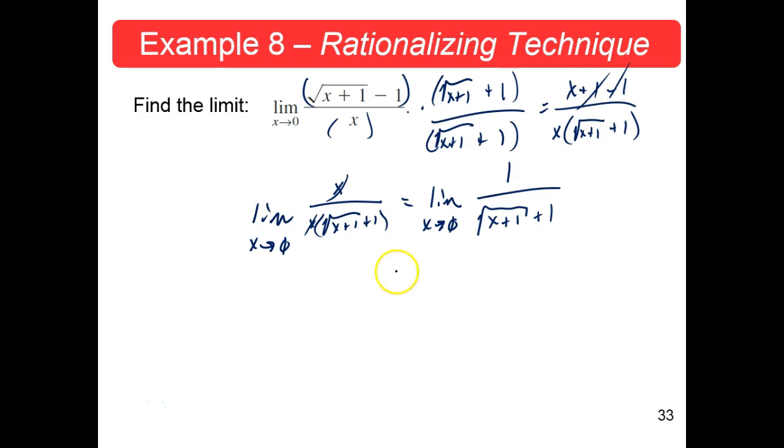And what does that give us? Numerator is? Pretty obvious, isn't it? One. Okay, and the denominator is square root of 1, which is 1, plus 1 is 2. So 1/2 is your limit.